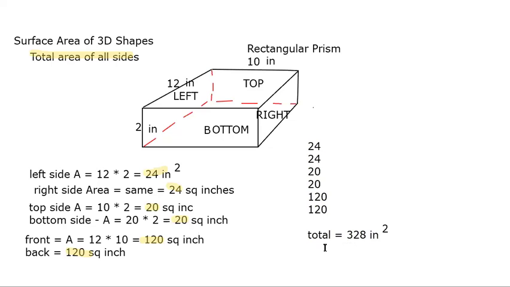Well, other shapes are a little more complex. For instance, how about a cylinder? The surface area of a cylinder is a lot like trying to find the volume of something, but there is a formula.